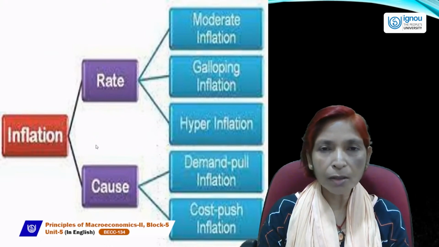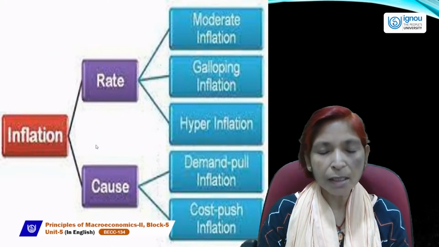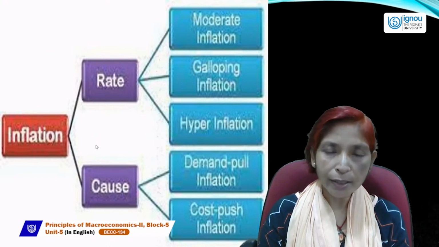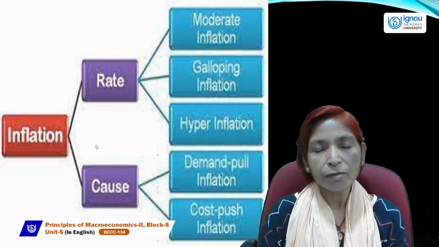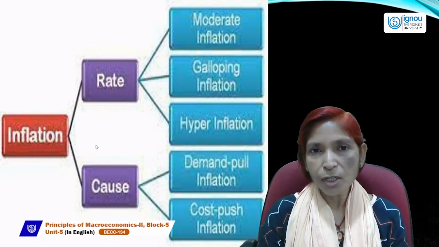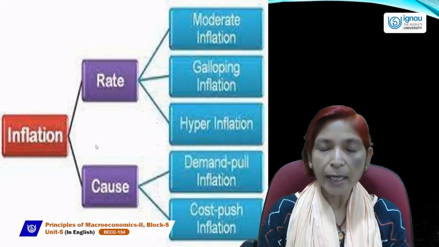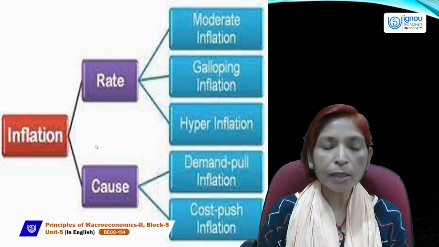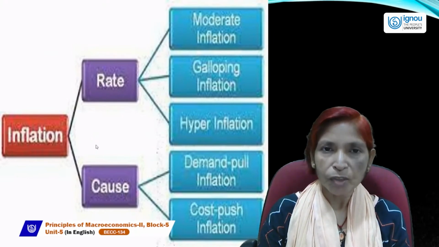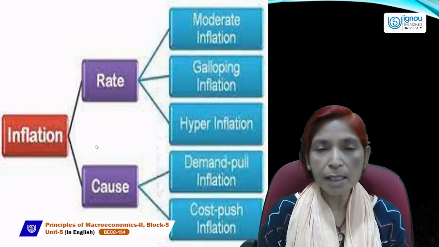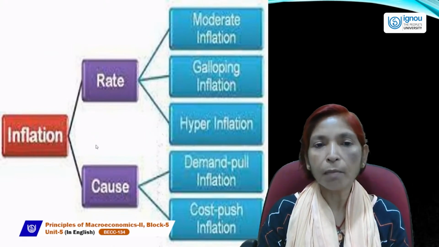Why is this called the cause of inflation? It means if demand increases and supply remains constant, then inflation will occur. This situation exists in the economy when aggregate demand is more than aggregate supply. Here price is increasing due to an increase in demand.